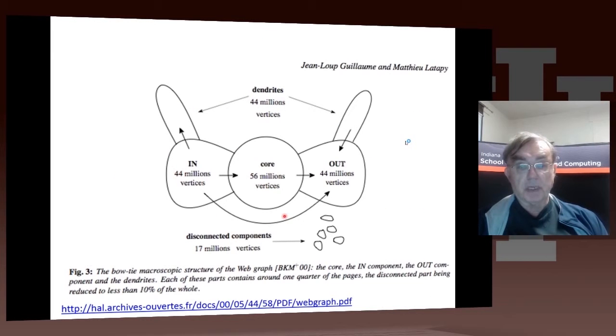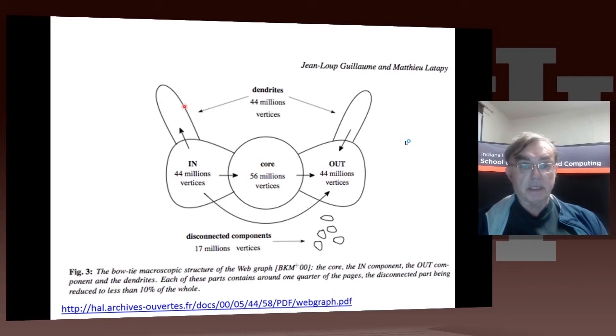Here's the so-called bow tie structure. This is a reasonably old article, but I don't think it's changed drastically. This actually comes from 2000. It sort of divides the web into a core part of closely connected parts. You have the input side and the output side, which sort of stretch out.